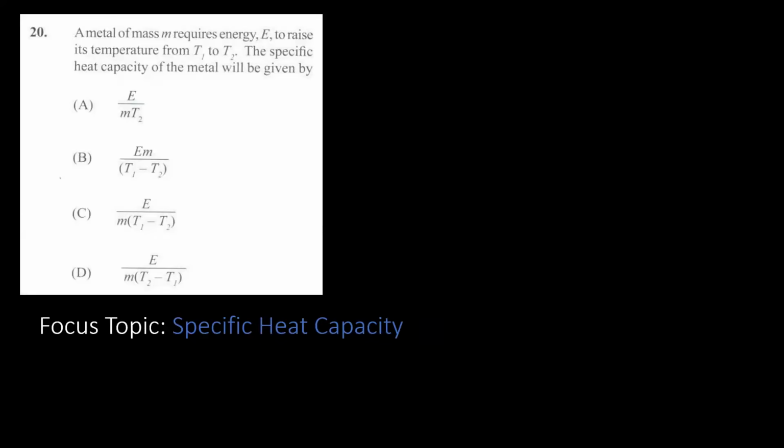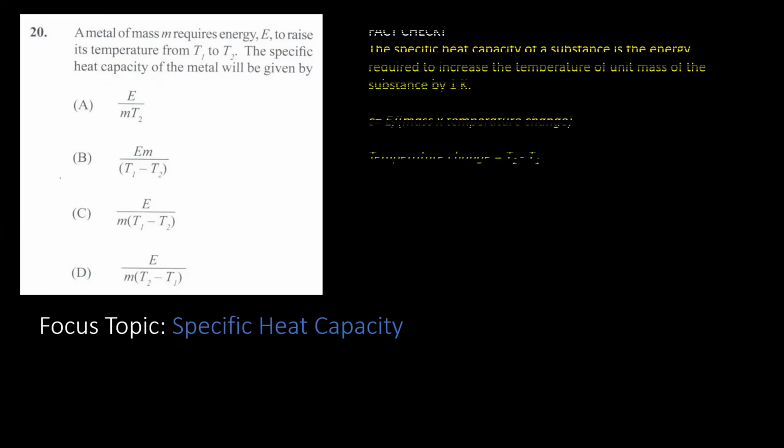All right. Question 20 has to do with specific heat capacity. A metal of mass M requires energy E to raise its temperature from T1 to T2, and the specific heat capacity of the metal will be given by, and we are asked to basically use these variables that we have to write an expression for how the specific heat capacity will be calculated.